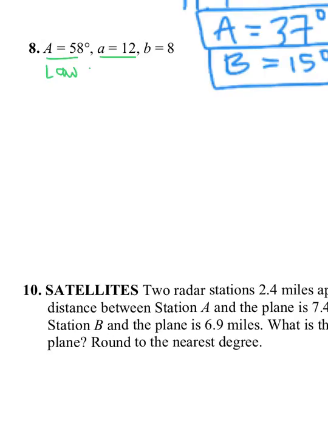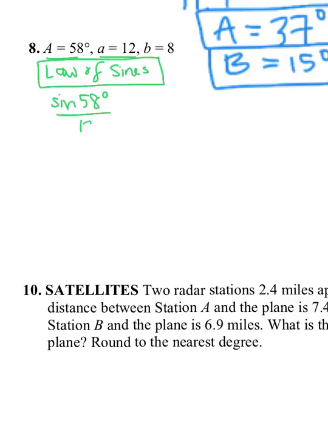So law of sines is what I'm going to start with, since I have a set of an angle and the side opposite. So I'll do sine of 58 degrees over 12 is equal to the sine of angle B over the side opposite, side B.